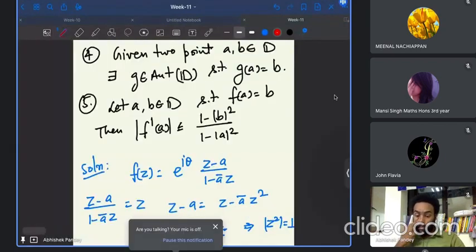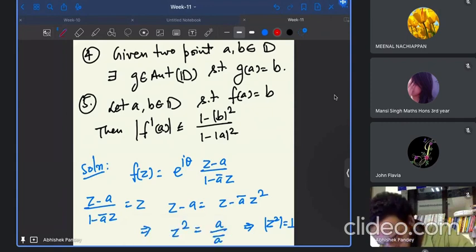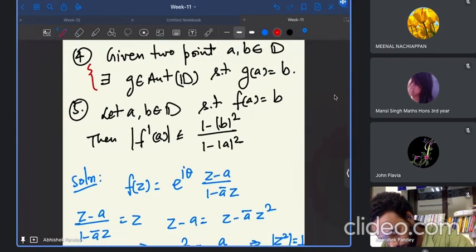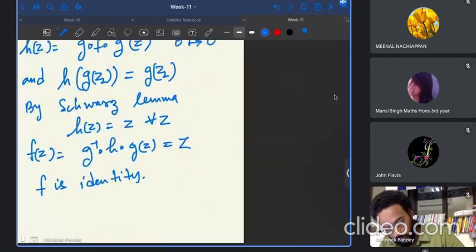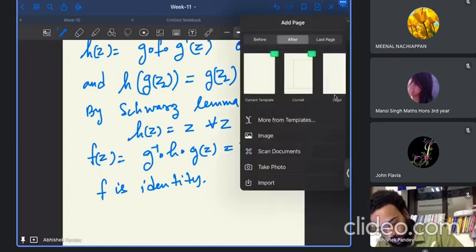Fourth one is: given any two points a, b belonging to D, there exists a g such that g of a is equal to b. This is known as a kind of homogeneity property. So let us look at option 4.